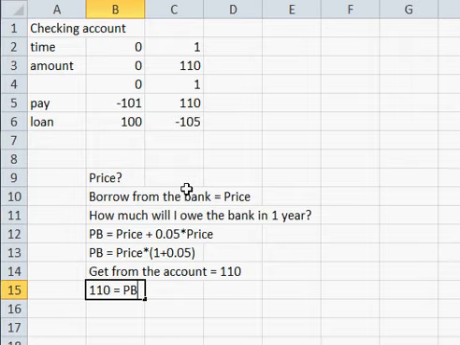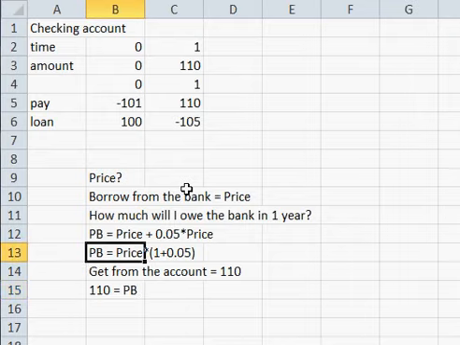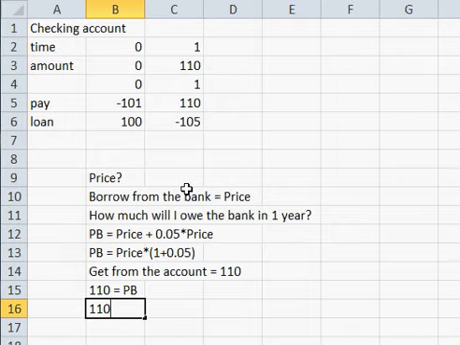So if 110 equals the payment to the bank, and the payment to the bank is equal to this expression here, I can combine those two things and say 110 is equal to price times, simplifying again, 1.05. 1 plus 0.05 is 1.05. So this is a simple expression. We can solve for it.